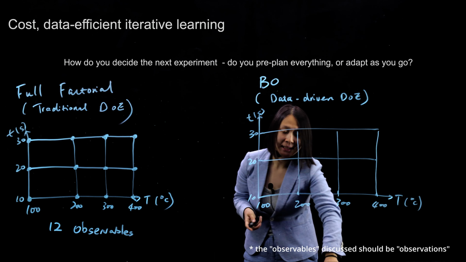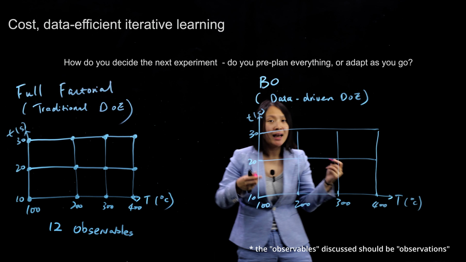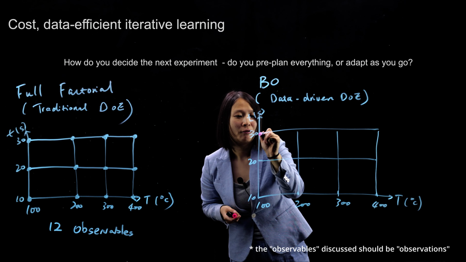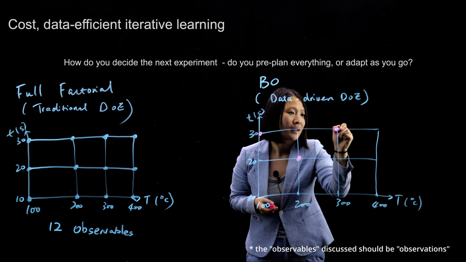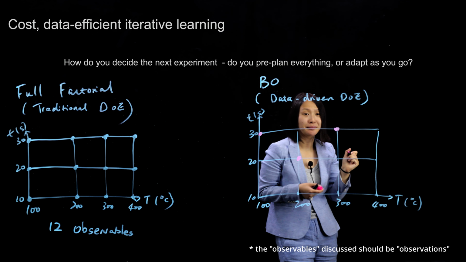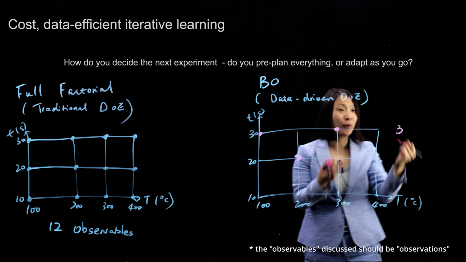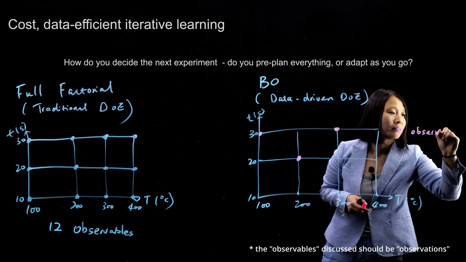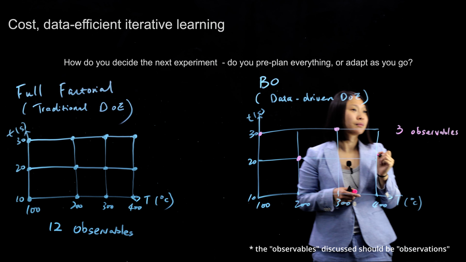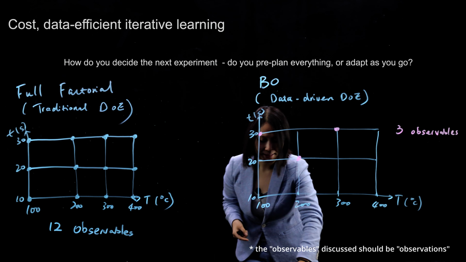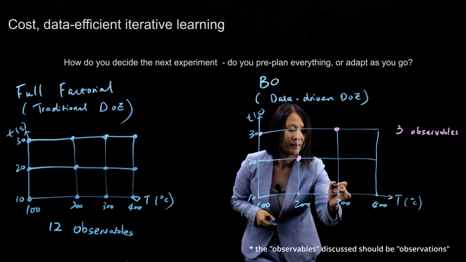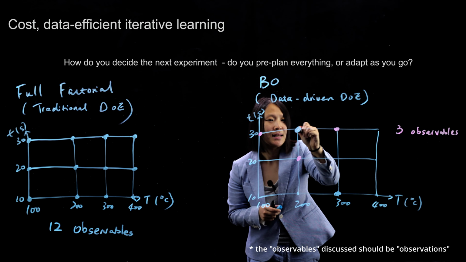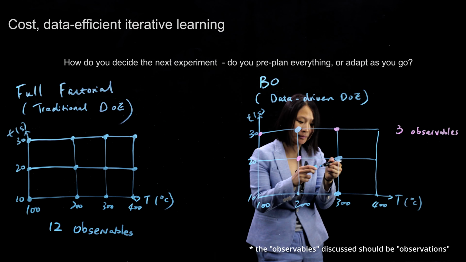So the difference is that in this case, instead of taking 12 observables, we first, let's say, conduct 3 experiments. And we learn from these 3 observables. And based on that, we say, hey, this will be the next set we should collect.